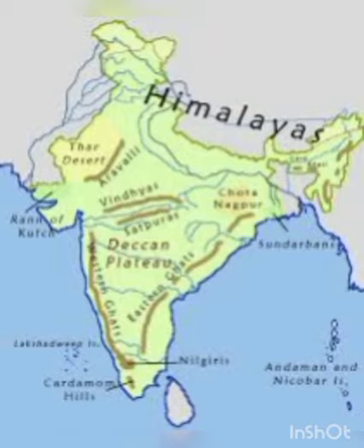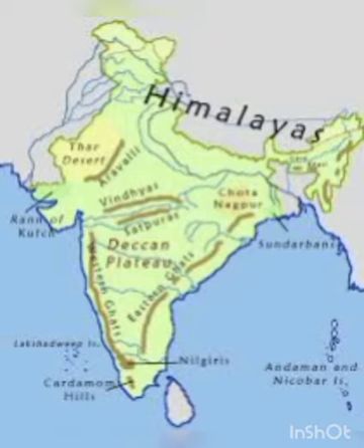Now see here, that is the Southern Plateau. The important one is the Deccan Plateau. It is almost completely surrounded on three sides by rocky hills.